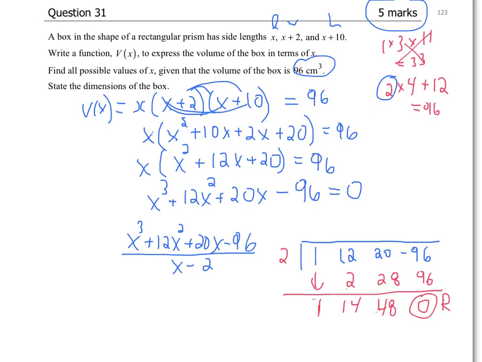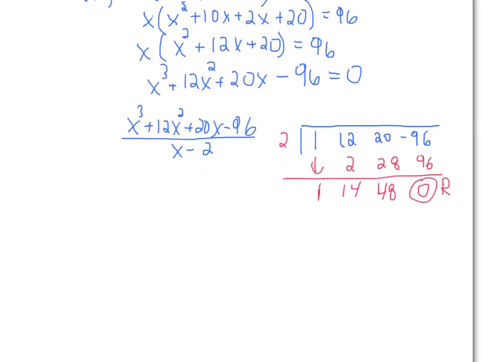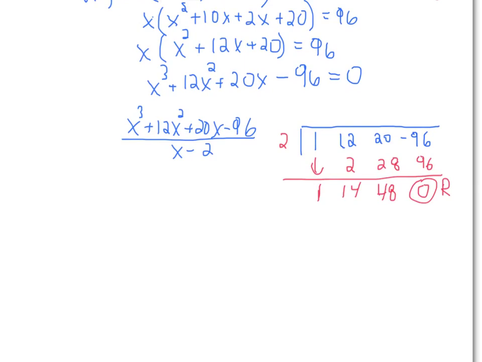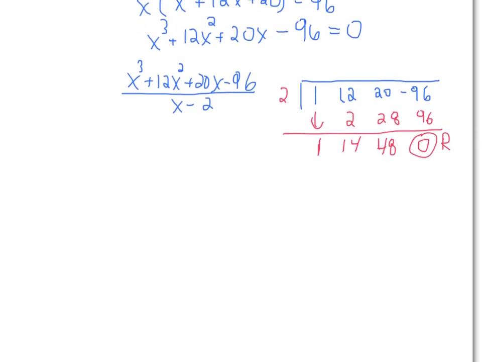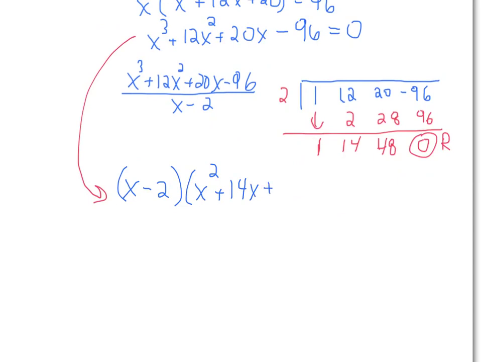So what do I have? You could do this work on the side, because this is just an attempt to factor this. When I write this out, I want to gloss over that part and go right to here. In factoring this equation that I want to solve, one factor is x minus 2. The other factor is x squared plus 14x plus 48, and this still equals 0.